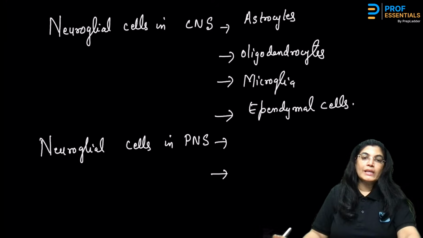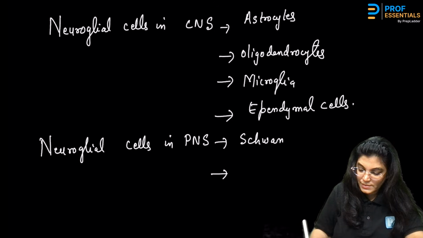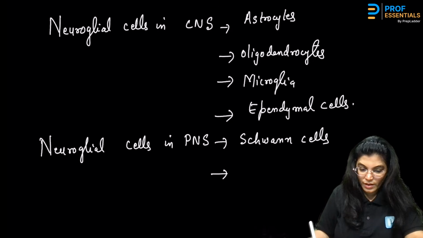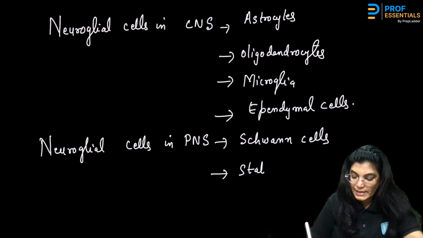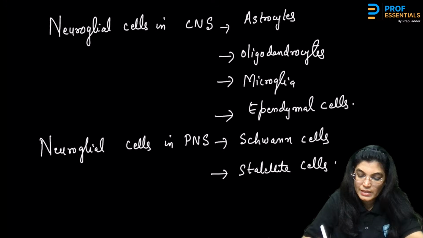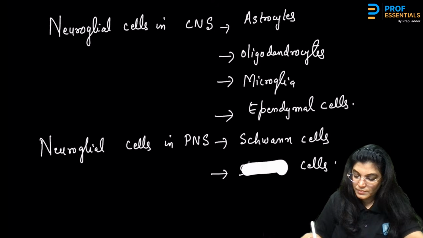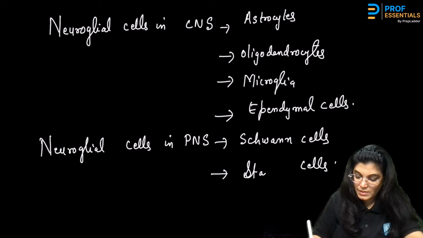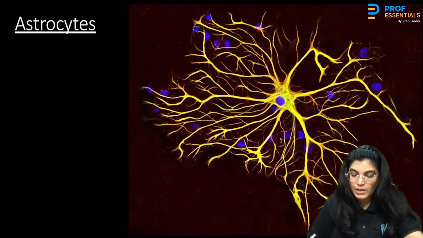Now talking about neuroglial cells present in the peripheral nervous system: Schwann cells, satellite cells, and stellate cells. Okay, so one by one, let's talk about each one of them.